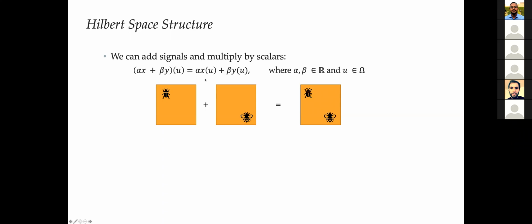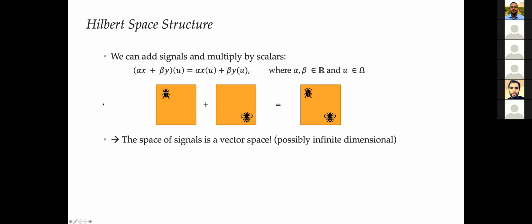And this addition is just defined pointwise. So we evaluate the first function x at u and the second function y at u, and we linearly combine these numbers with alpha and beta and add them. And the result is just a composition of these two images, as you see in the figure.